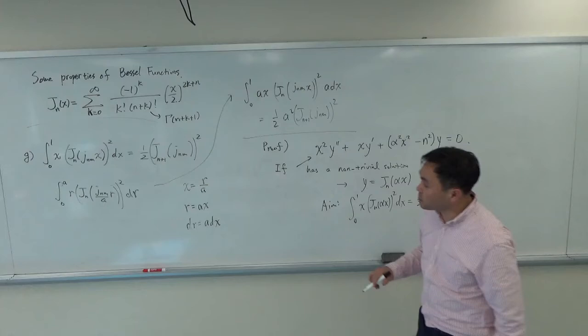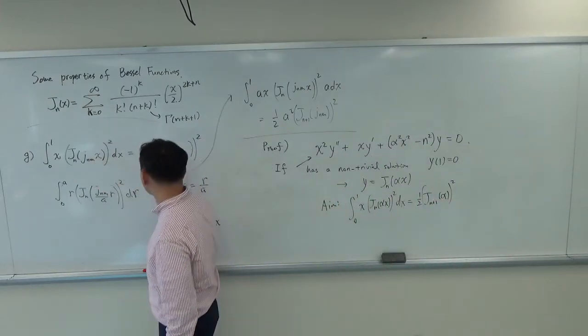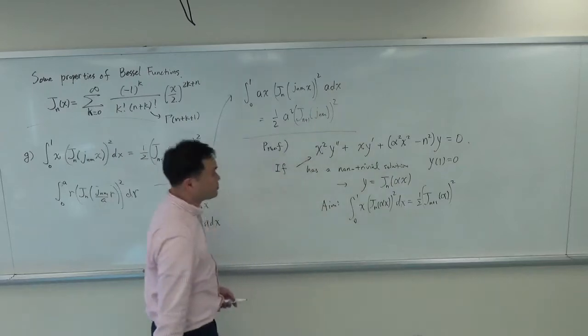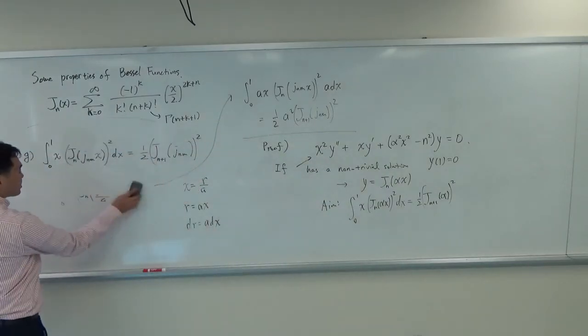Okay, so if you just replace j_nm by alpha, that's what we're trying to prove. Okay, so let's actually prove it.